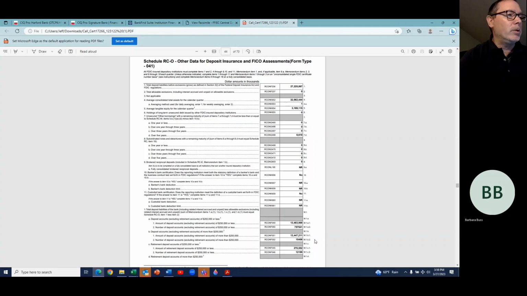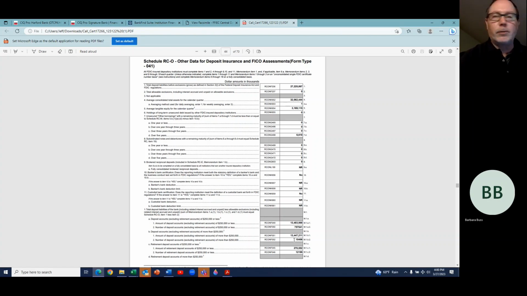15,406. This is a very important number because this $13.4 billion number includes the $250,000 of FDIC insured amount in addition to anything over that. So if one person has an account for $250,000 and $1, the whole $250,000 and $1 will be in this $13.4 billion number.